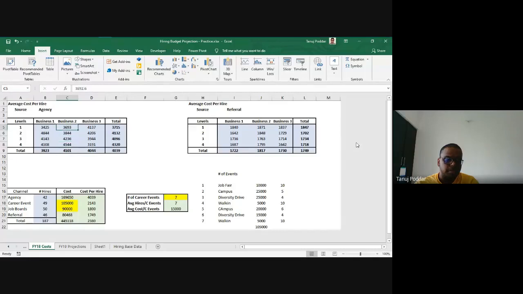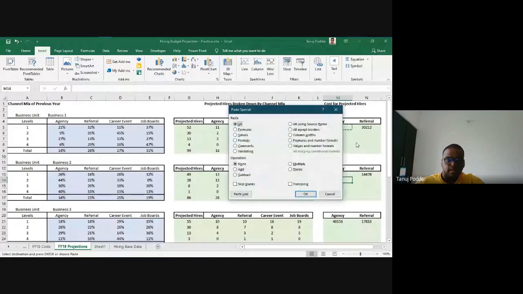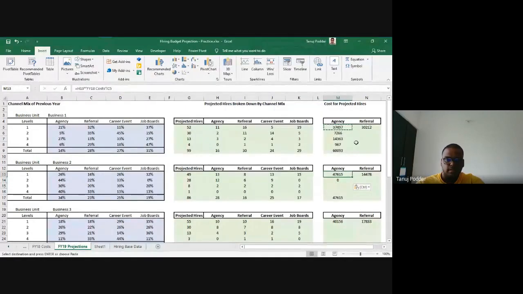For the tables below, it will be these 3, 4. For the table below that, it will be these. Try it out and let me know in case you're facing any issue.